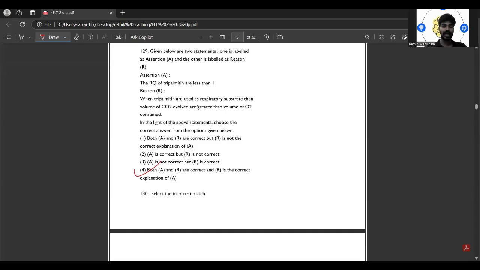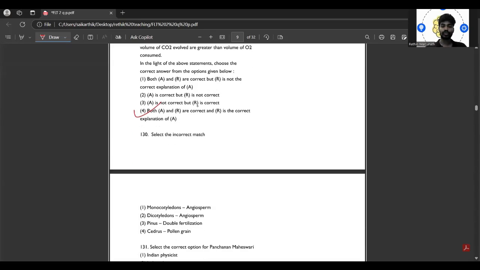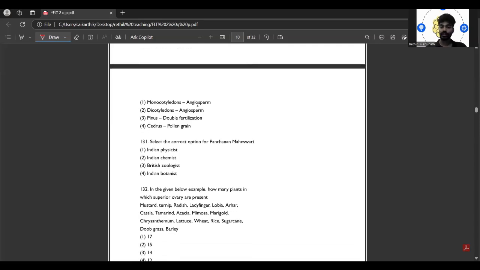Right. So next we have question 130. We need to select the proper match. Monocotyledons belong to the angiosperms. Then the dicotyledons, angiosperms. Then Pinus, double fertilization, and we have the syndrome, the pollen grains.